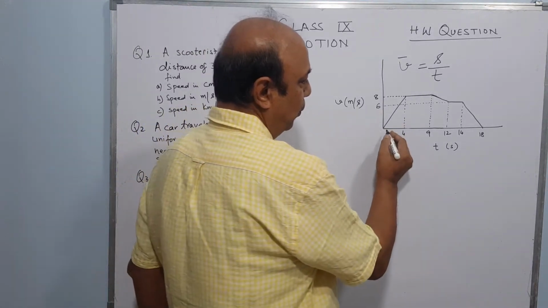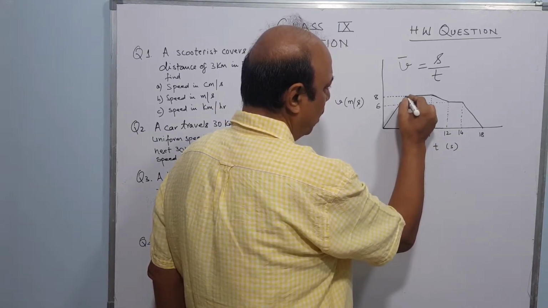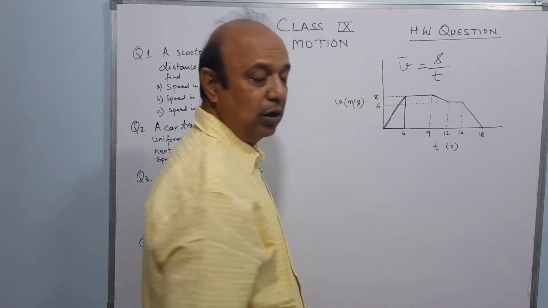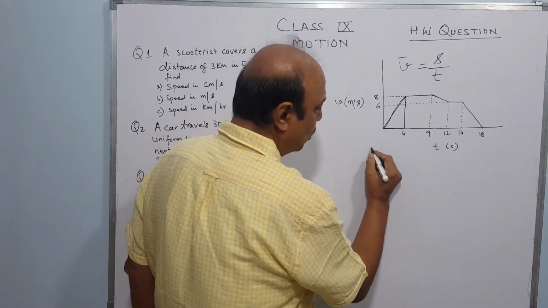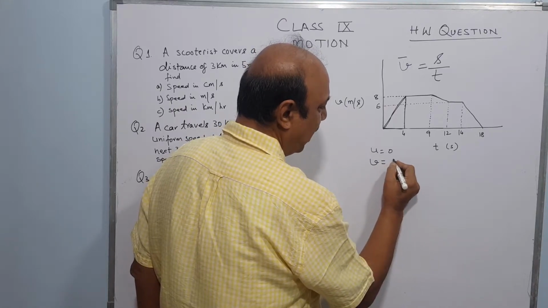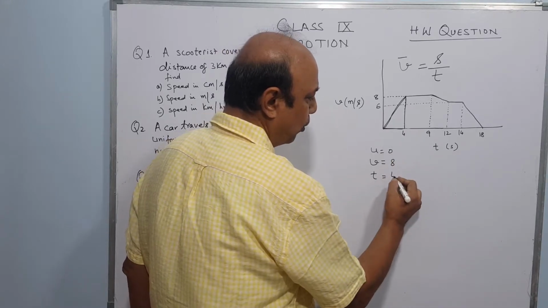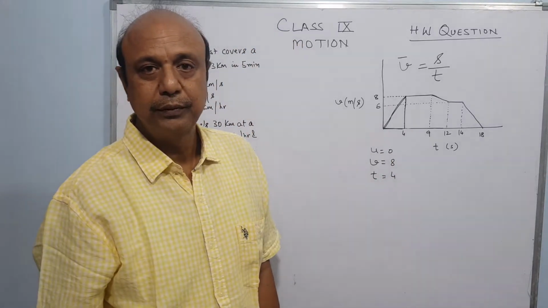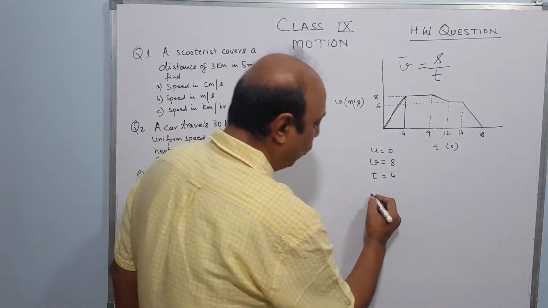Now if we look at only this portion, this is a uniformly accelerated motion wherein u is equal to 0, v is equal to 8, t is equal to 4. This is the data given and we know how to find s.